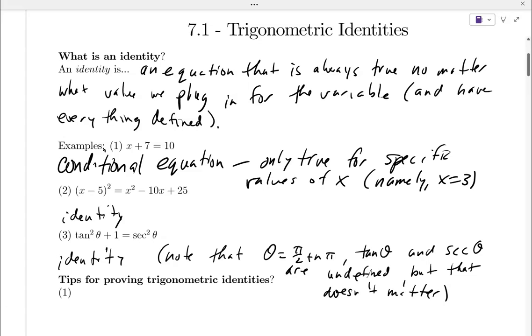Usually, the kind of quick way to say things is an identity is true no matter what you plug into the variable. There's that little bit of a caveat in there that says it's true for anything you can plug in and have it be defined. Okay? So this is not a true statement when I plug in pi over 2 because I can't plug in pi over 2.